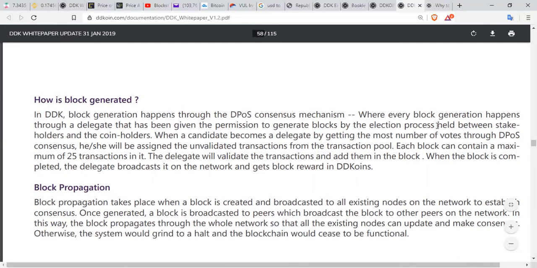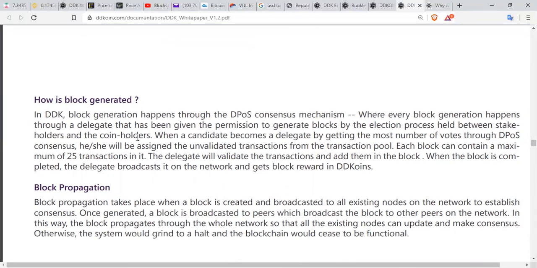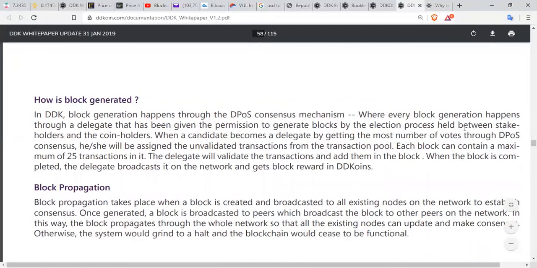Remember, every time we vote, we select a particular trusted delegate, or TD, who has the permission to generate blocks and process all the transactions done in the blockchain. When a candidate becomes a delegate by getting the most votes through DPoS consensus, he will be assigned the unvalidated transactions from the transaction pool.